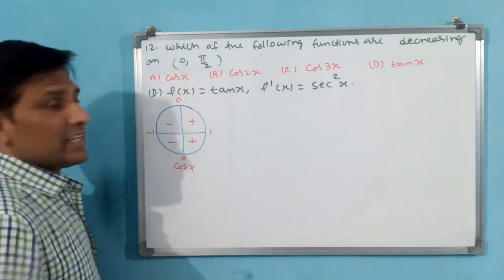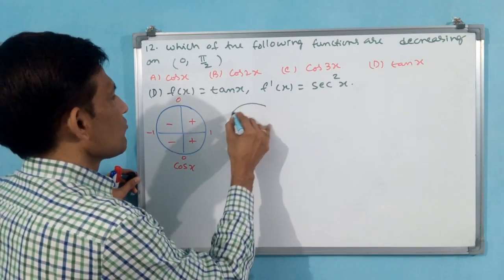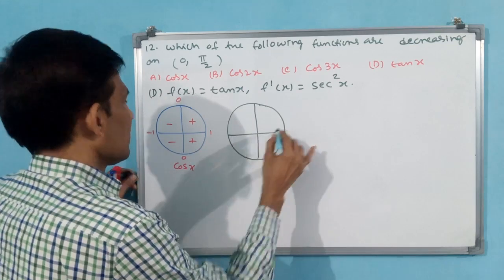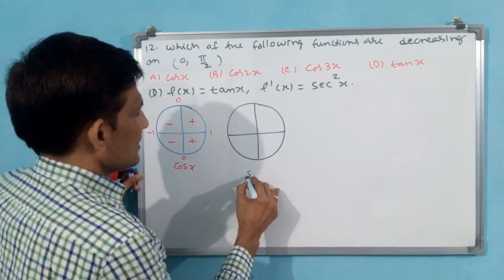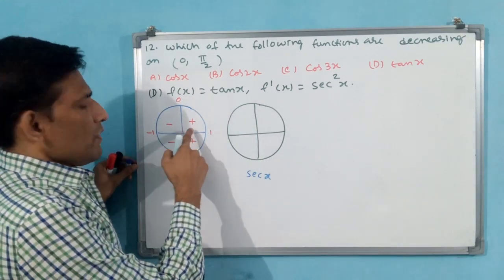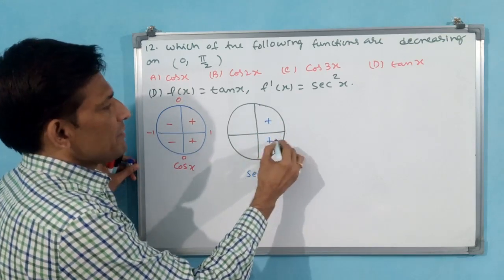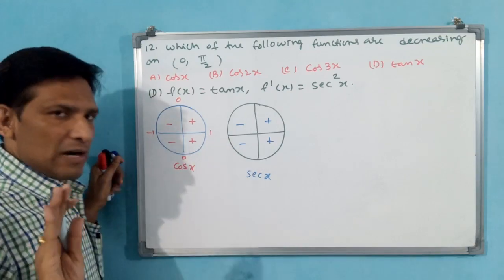Now go for secant x. First you go for secant x, then you draw secant square. This is secant x. Write down secant x. Even though, 1 divided by positive is positive only, 1 divided by negative is negative, so these symbols are not going to change.